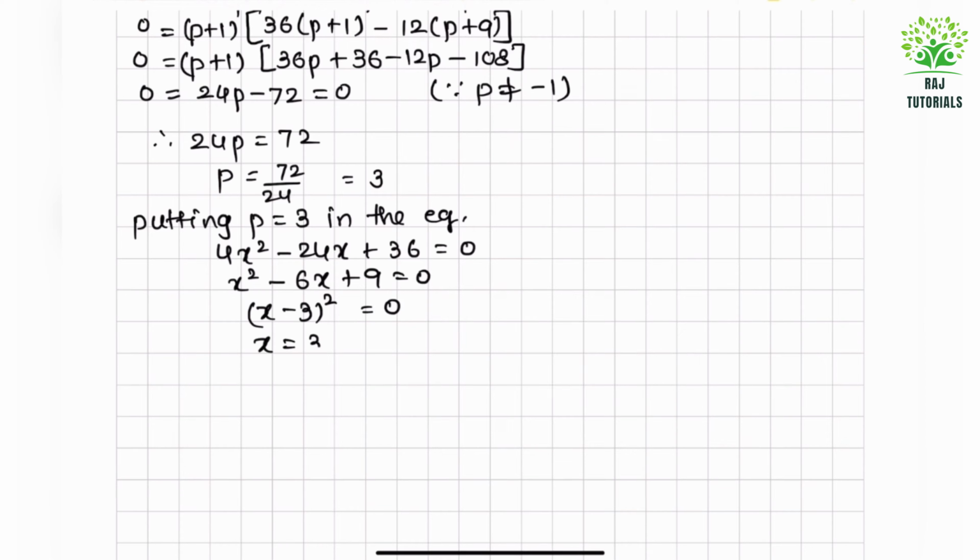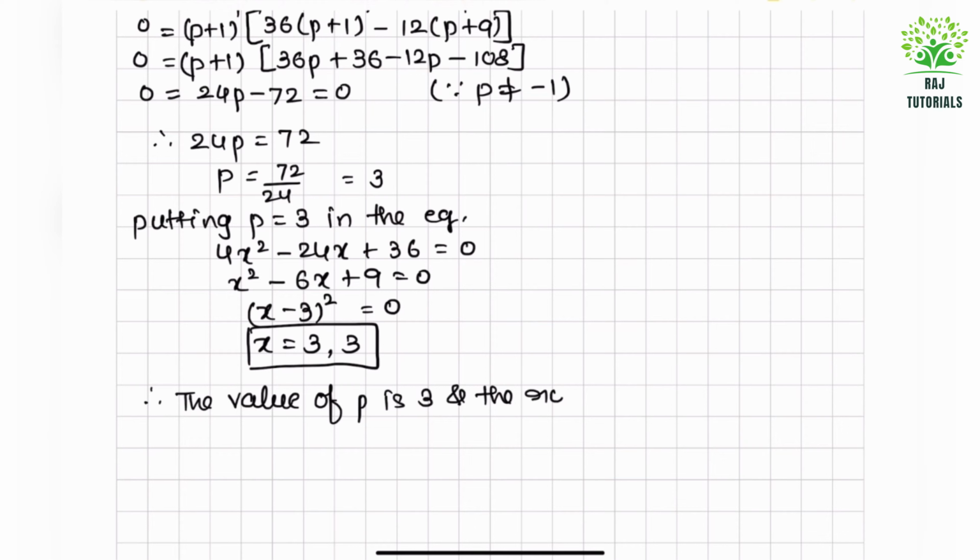So x = 3. These are the solutions. Therefore, the value of p is 3, and the roots of the equation formed are 3 and 3.